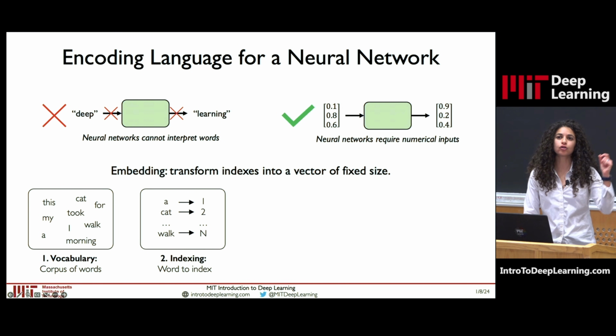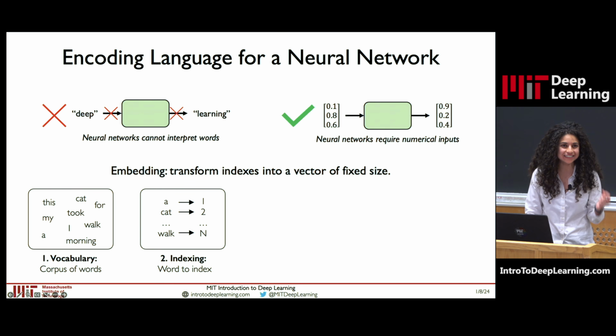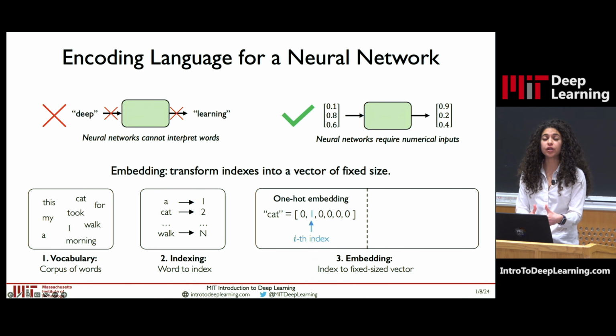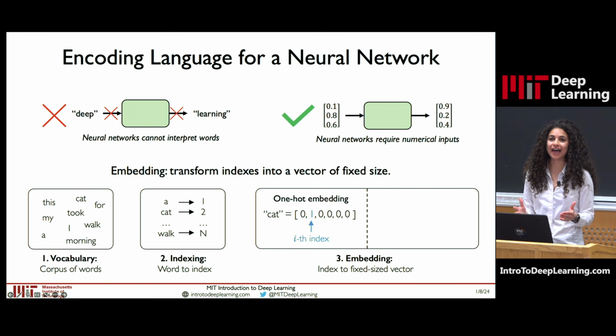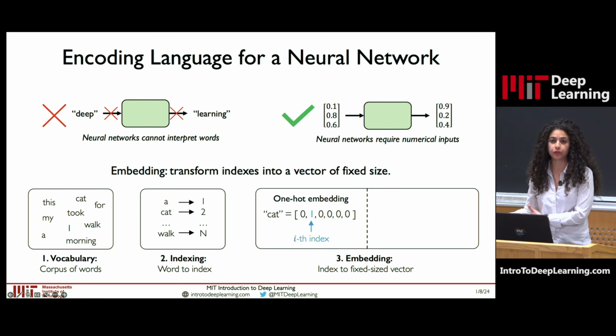We can then take those unique words and just map them to a number, an index, such that each distinct word in this vocabulary has a distinct index. Then we construct vectors that have the length, the size of the number of words in our vocabulary, and just indicate with a binary 1 or 0 whether or not that vector represents that word or some other word.